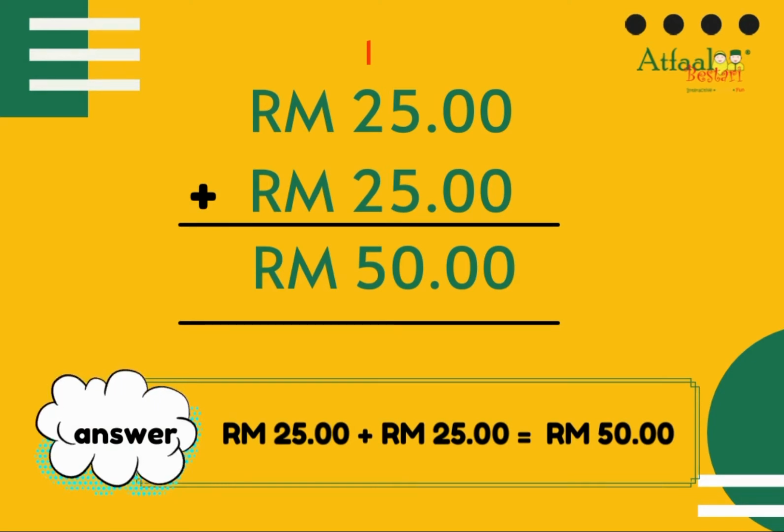Then 0 plus 0 equal 0. On ringgit side, 5 plus 5 equal 10. Then put 0 below number 5 and 1 on top of number 2. Then count 1 plus 2 plus 2 equal 5.